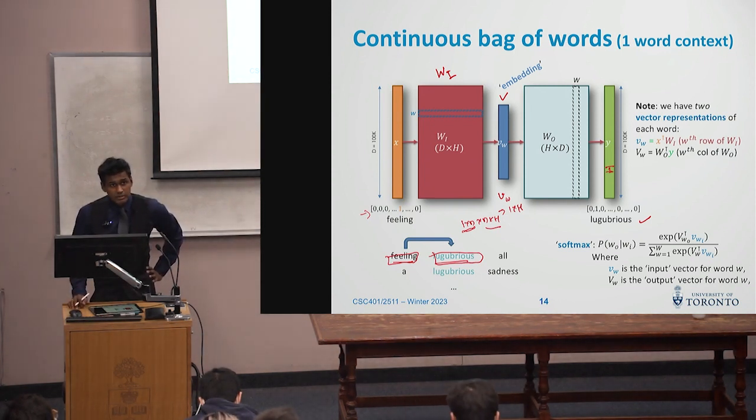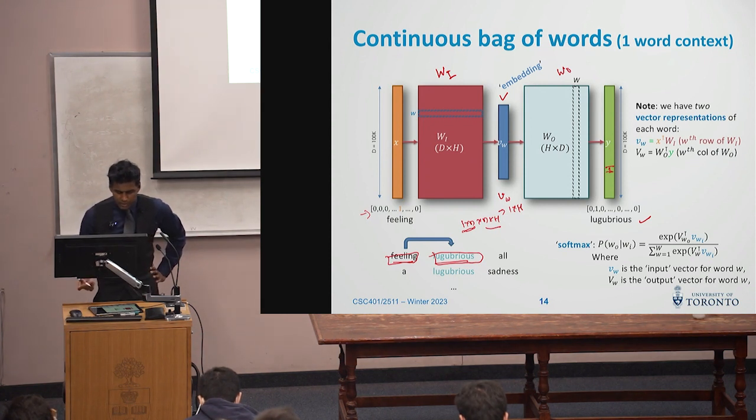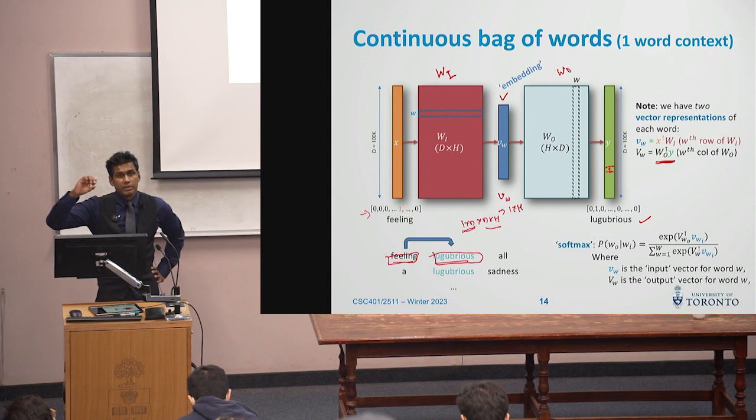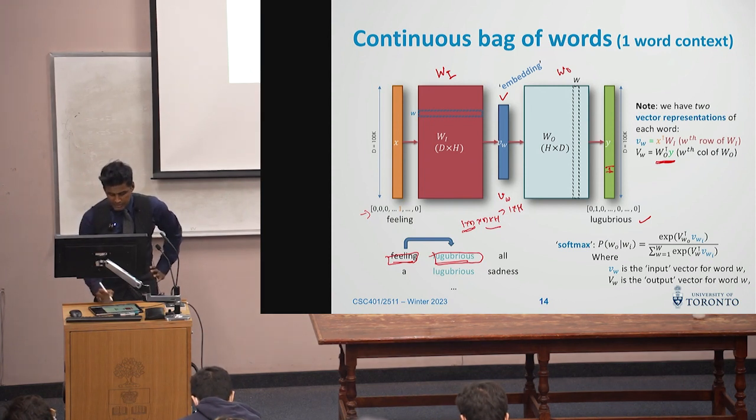Any questions? Okay, similarly for the output word, we have an embedding matrix, which we denote by W_O, and Y is again a D-dimensional vector. Y shows the output word; if it's lugubrious, then Y would have a 1 in the position of the index of lugubrious.